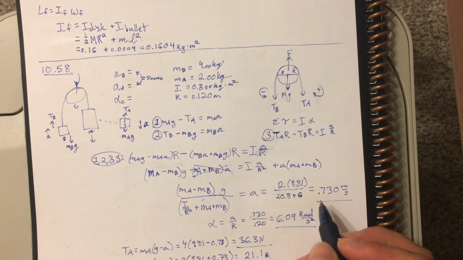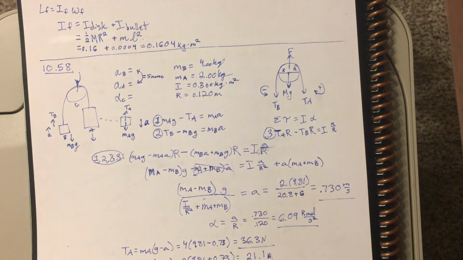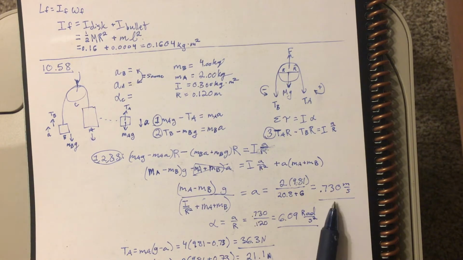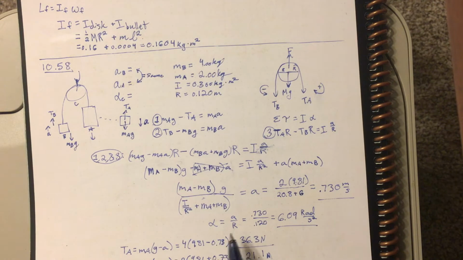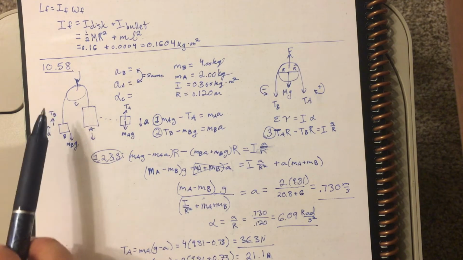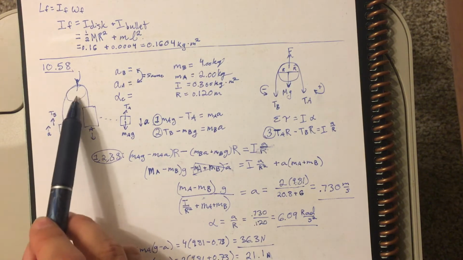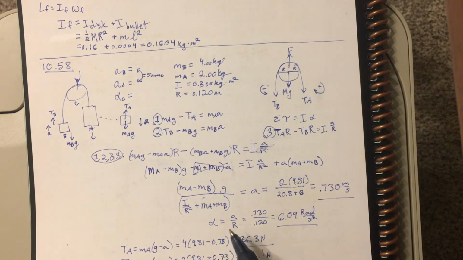And you plug in all the numbers, and then it gives you 0.73 meters per second squared. So that is the acceleration, right? Now, it's asking for the angular acceleration of the circular disk.